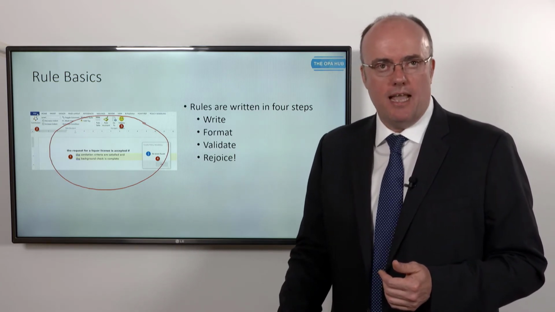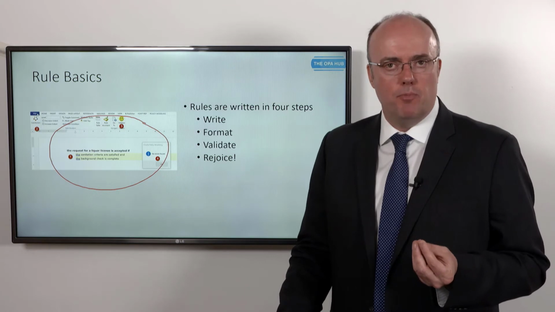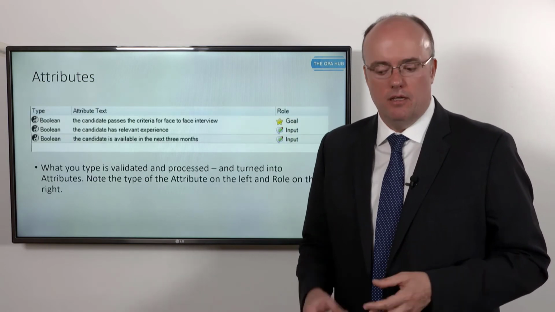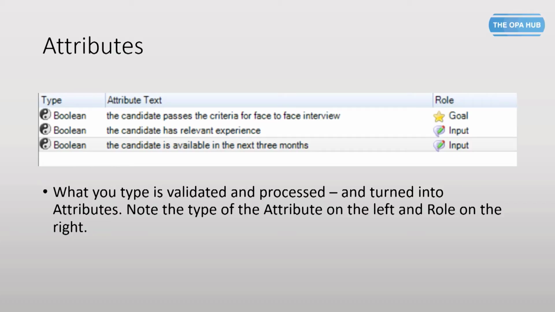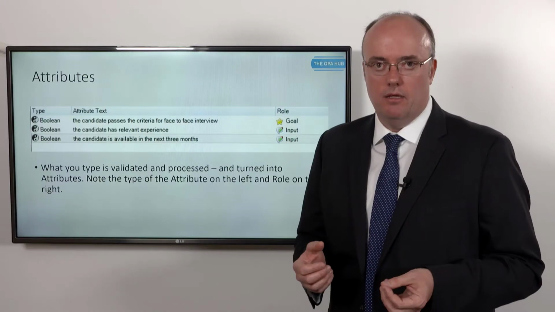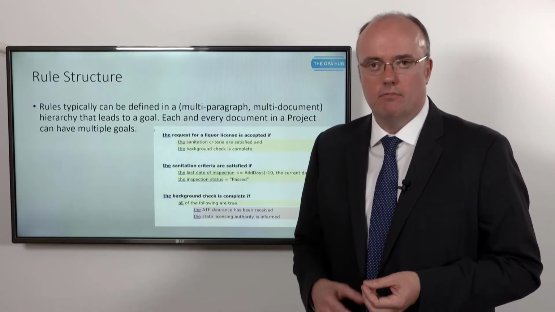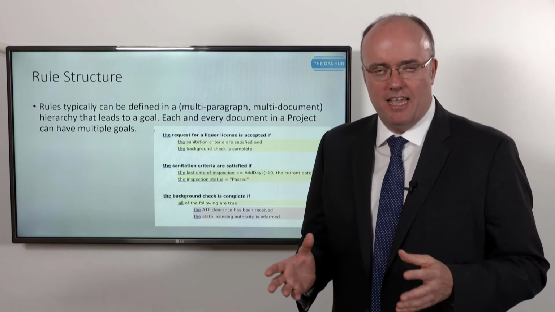When I write this text, something very clever happens behind the scenes. The modeling tool assesses what I've written, interprets it and creates what we call attributes. If this is not making much sense right now, it will once you see a demo, because it'll give you a chance to see it step by step. But an attribute is a piece of information.